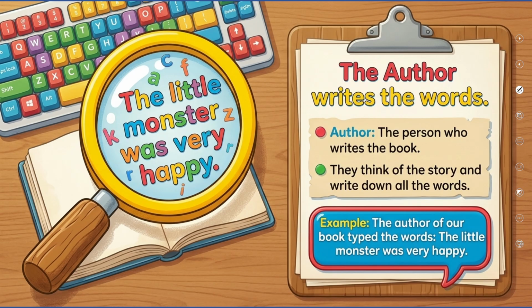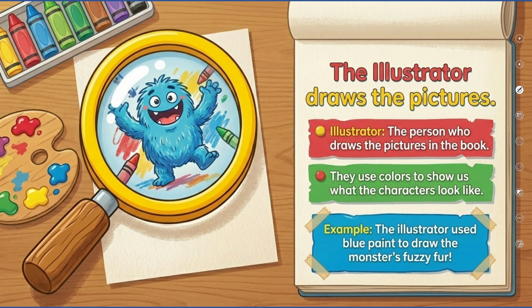So what do you mean by the author? The author is a person who writes the book. This is very, very important. An author plays the most important part because he is the one who is writing the book. So the illustrator.